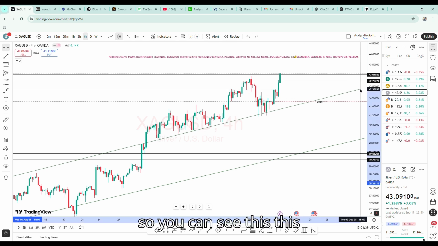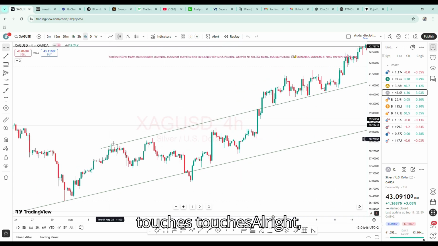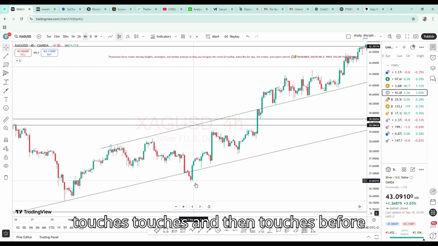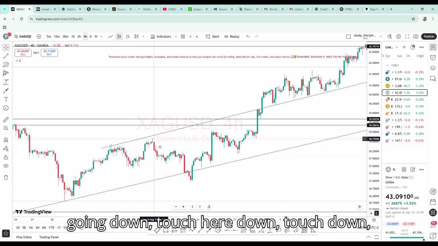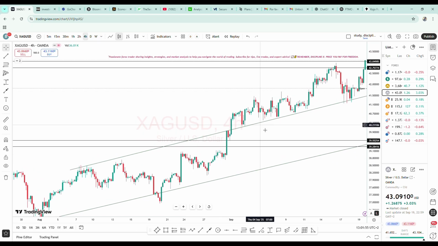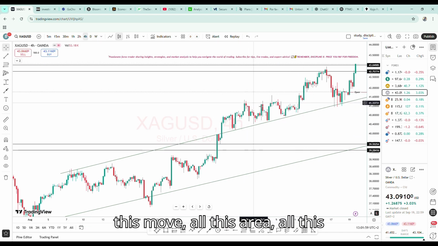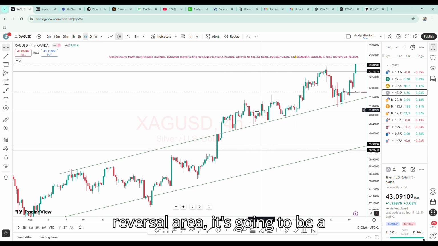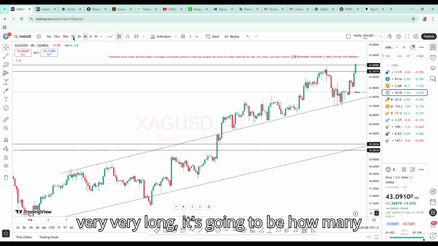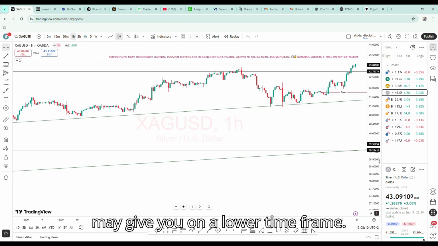You can see all these touches, touch, down, touch, down, break, touch, up, touch, up, touch, up, touch. So if you go to the lower time frame, all this reversal area is going to be very long, more than 100 pips it can give you.